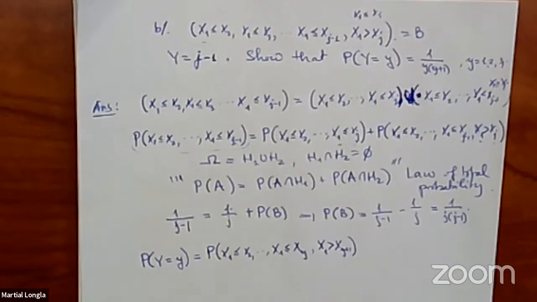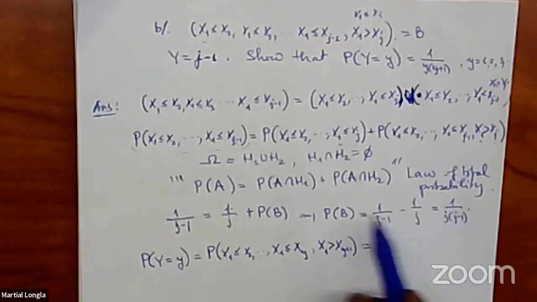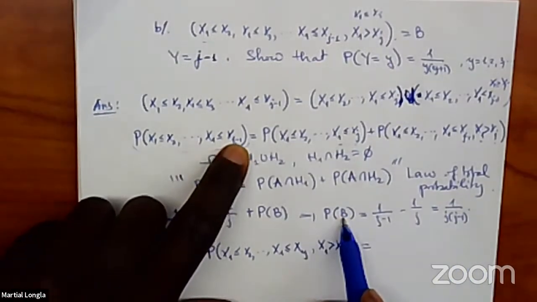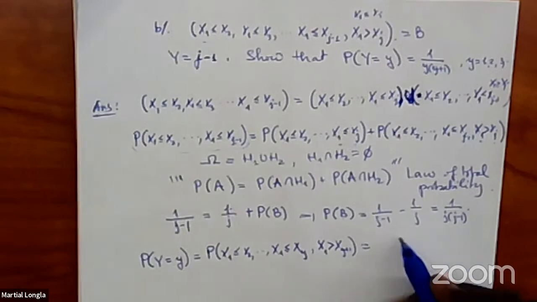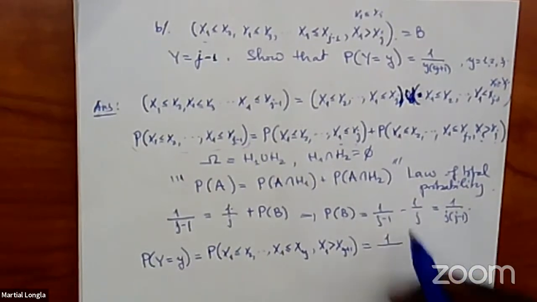So it's y observations, and that probability is what we just computed. B was for j minus 1, so it's going to be 1 over j minus 1 in this case, where j minus 1 is the y, and j is y plus 1.